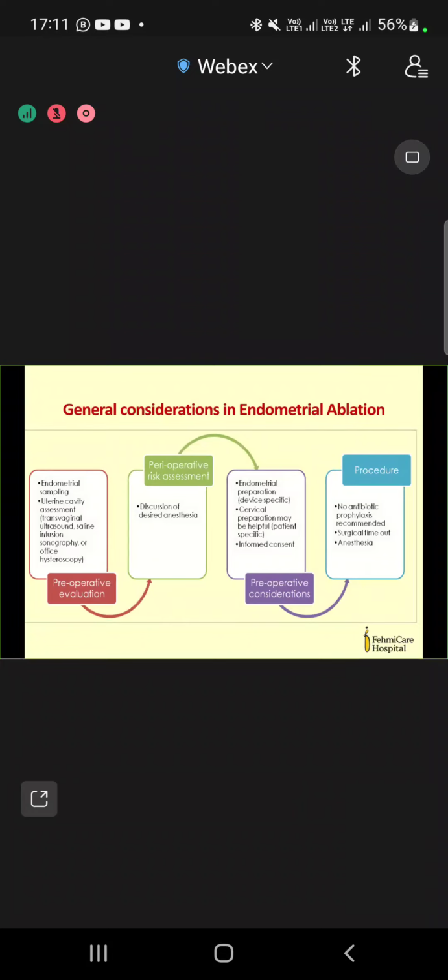It is needless to say, you should have an informed consent. Routinely, if you are doing it in the OT with aseptic precautions, not like a major surgical procedure, no antibiotic prophylaxis is required. And anesthesia is also not mandatory in many of the cases, unless the patient is requesting it.